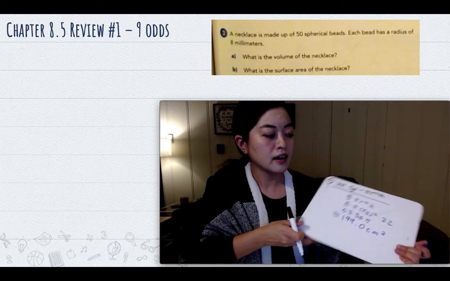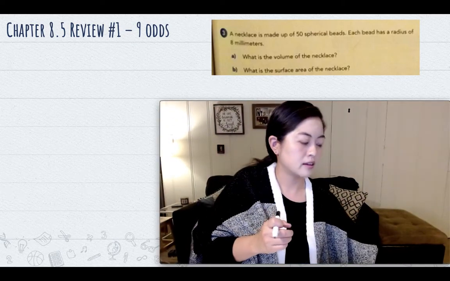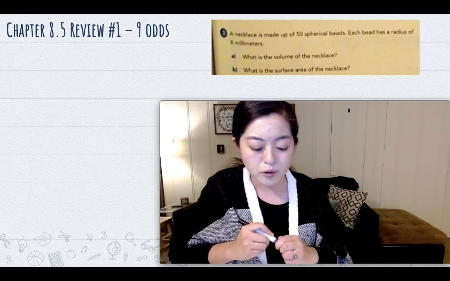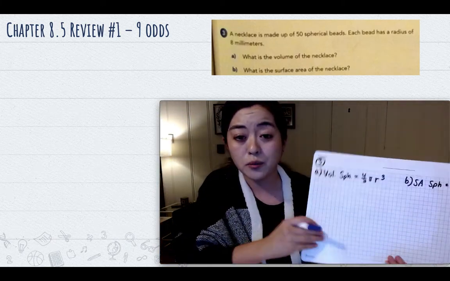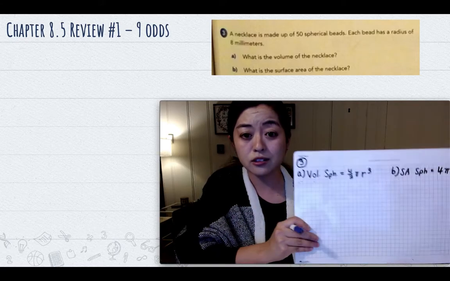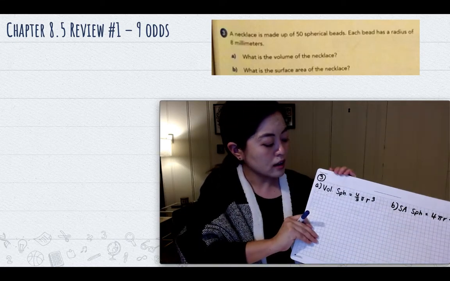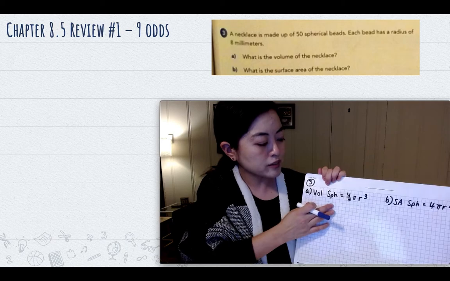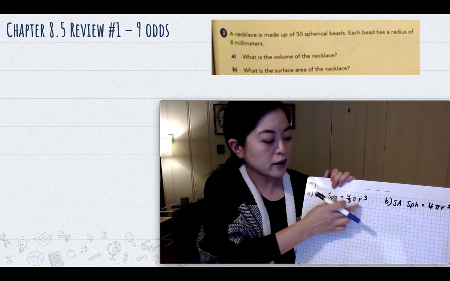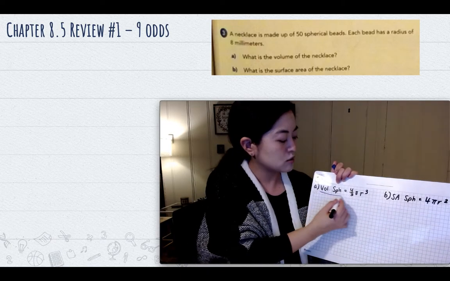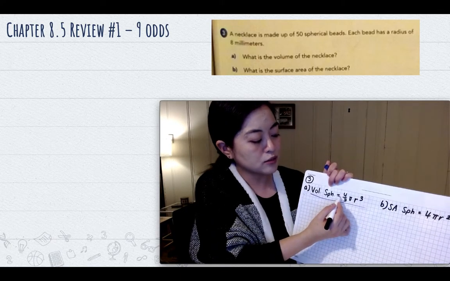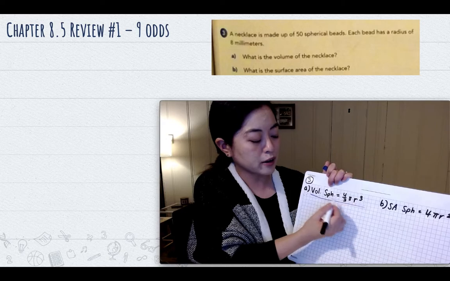All right, and for question 3, we have a necklace with 50 spherical beads, okay, and so I recall that the volume of a sphere is 4/3 pi r cubed, but we have 50 of them, so I'm going to do 50 times 4/3 pi r cubed, okay.